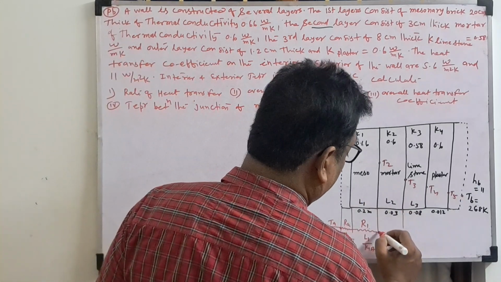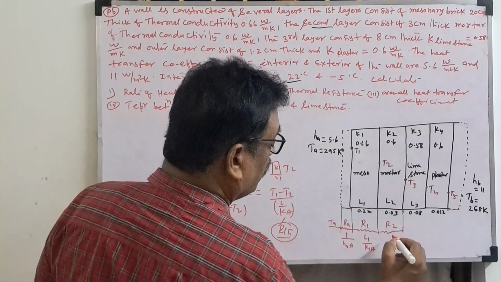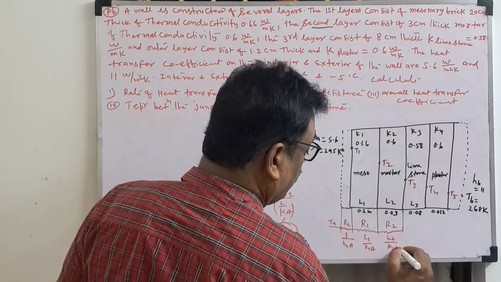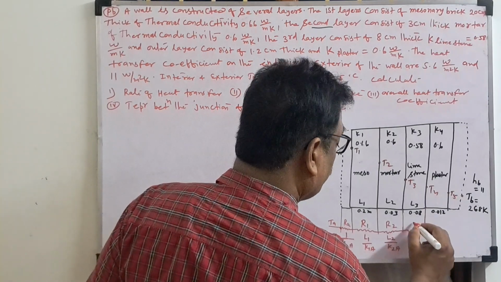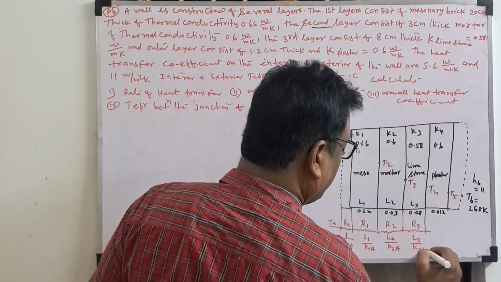Similarly, all you write here. So based on this concept only we can solve. We can remember the steps: K2, A2. Now what is this one? R3, L3, K3A.